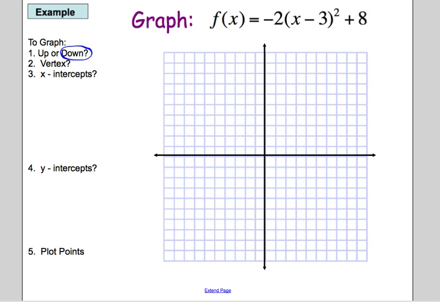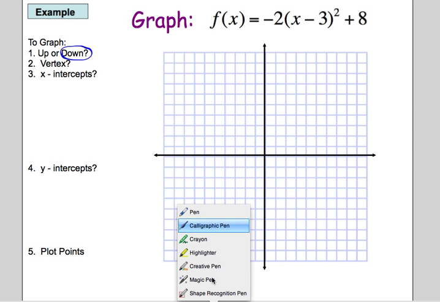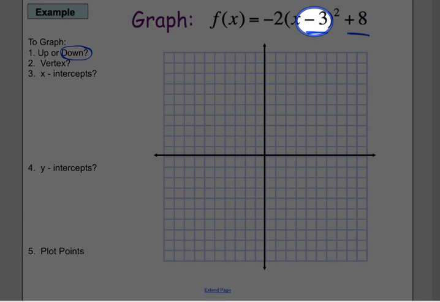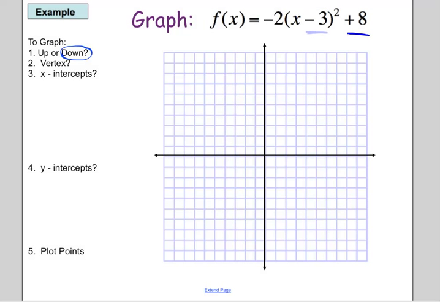In order to determine our vertex, we're going to use the H and the K. Now remember, since in the equation it's minus 3, it's going to change our vertex to be at positive 3 because it's going to move it to the right. So we're going to have 3, 8 there for our vertex.